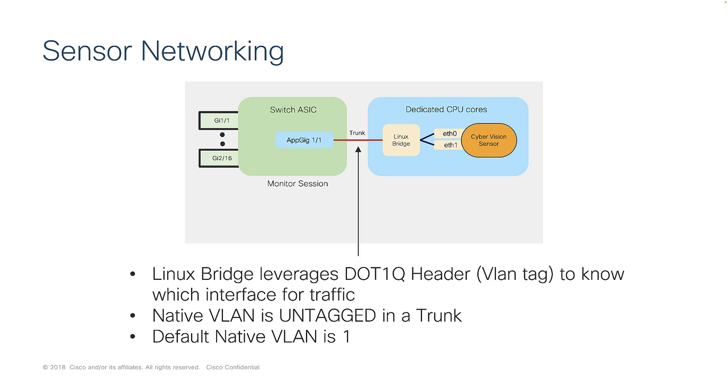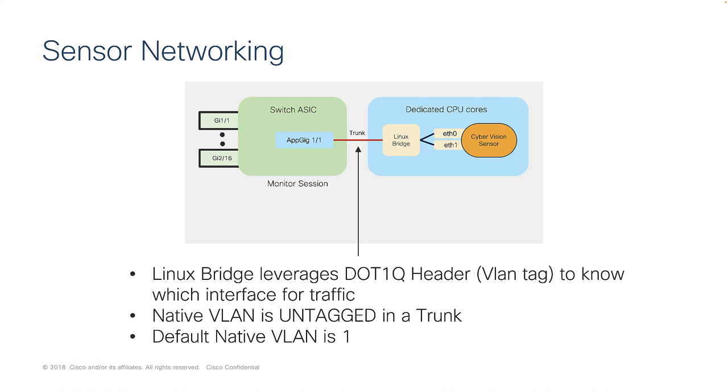As you know, trunks by default have a native VLAN of 1, and on the native VLAN we don't tag traffic. So if you're going to leverage VLAN 1 for the ETH0 or collection interface communication, again from the sensor to the center, it's important that we change the native VLAN of that trunk interface to anything besides 1. The point is that we need the traffic to have the VLAN .1Q header for the Linux bridge to understand which interface to send it to.